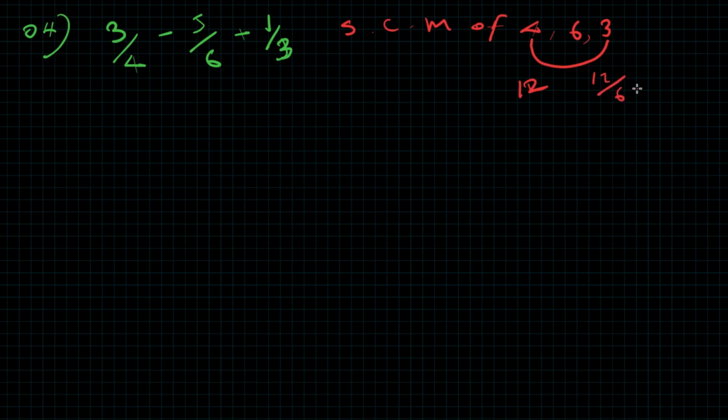Dividing 12 by 6 equals 2. So in this case 12 is divisible by 4, 6 and 3, and this is the smallest number that is divisible by all these numbers. Therefore the smallest common multiple of 4, 6, 3 is 12.